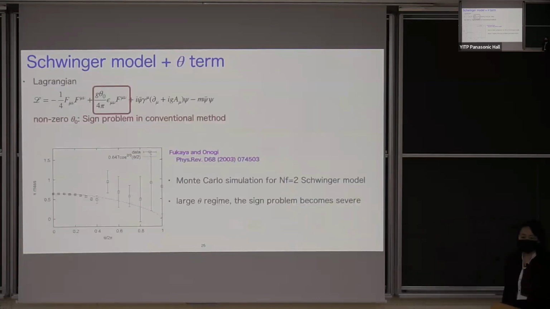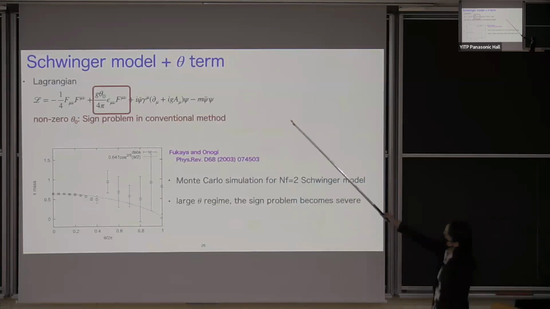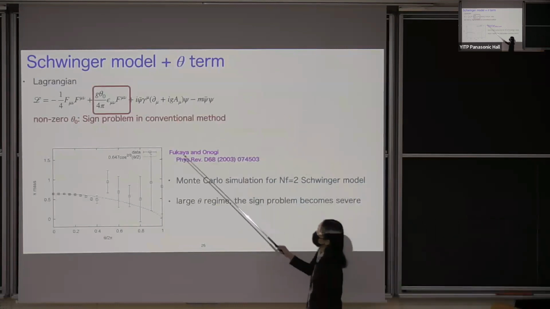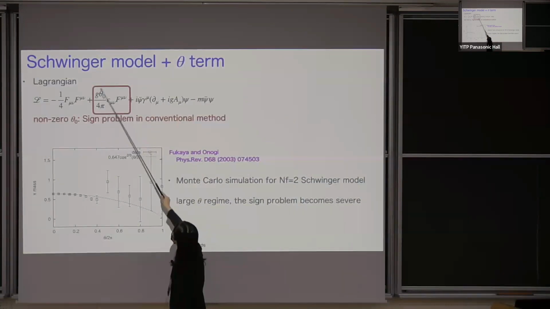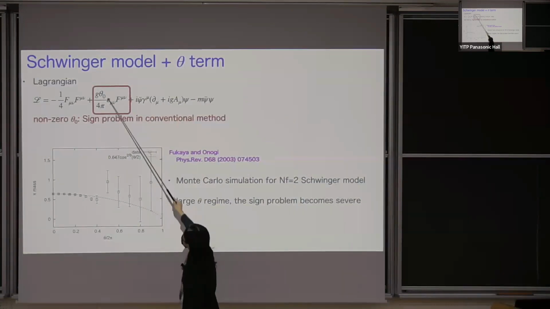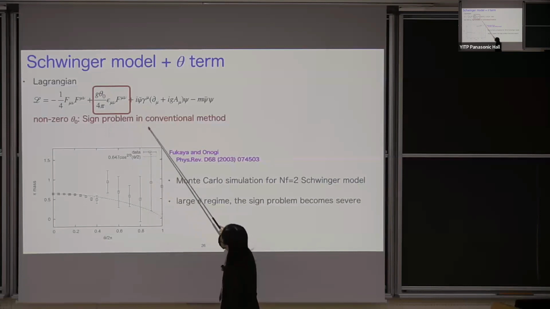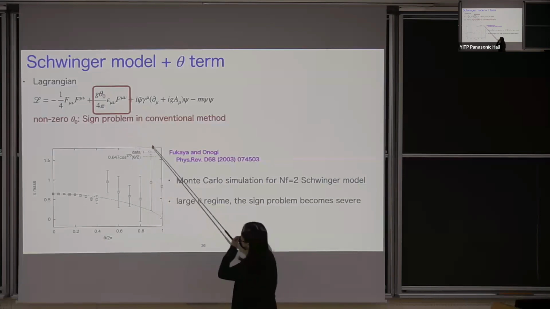And furthermore, here we would like to add the theta term to the Schwinger model. This is the Lagrangian of the Schwinger model, and we add this term, the theta term. In the non-zero theta region, in the conventional method, a sign problem appears.